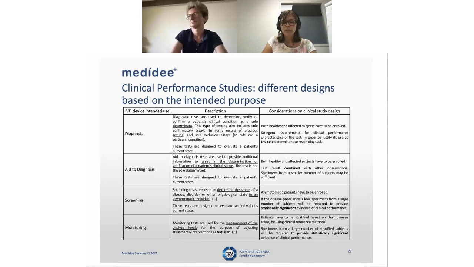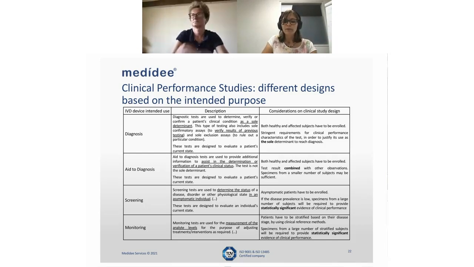For screening as well, if you have a disease with a high prevalence, you will maybe need fewer samples than if you have a disease with low prevalence, where you need to think beforehand in order to have sufficient positive patients. I need to enroll a larger number of subjects in the study.